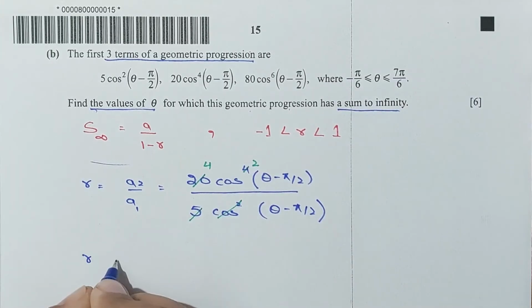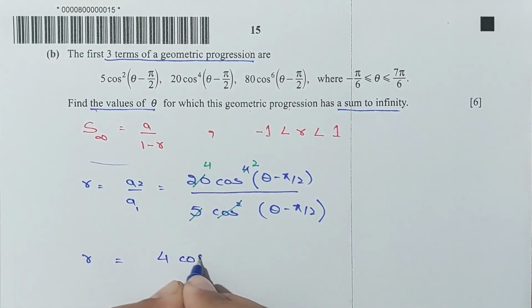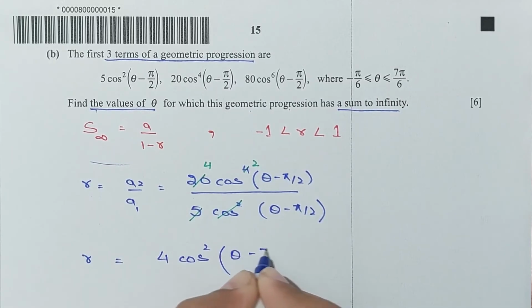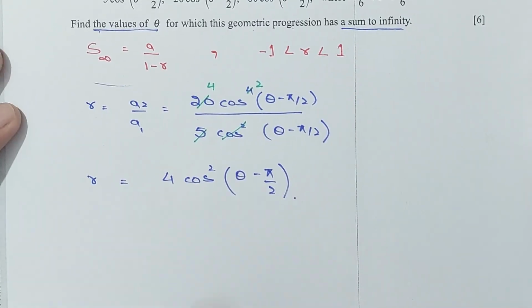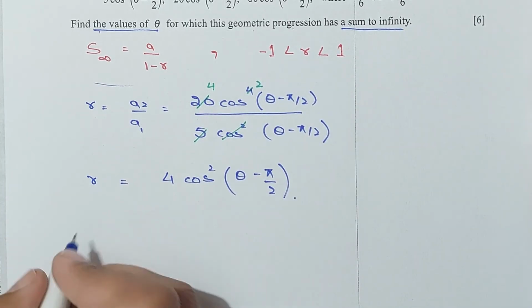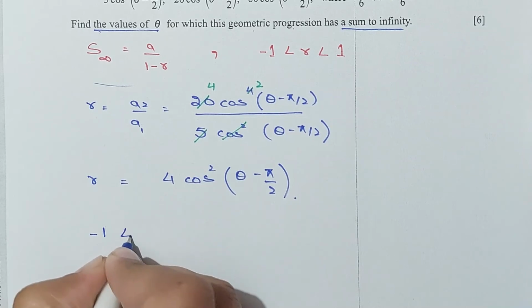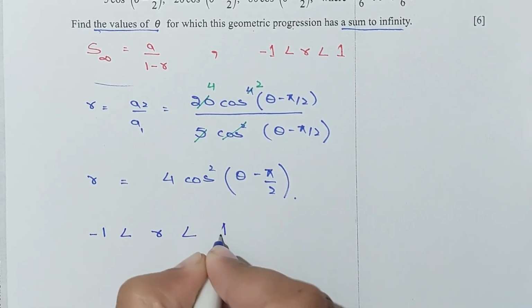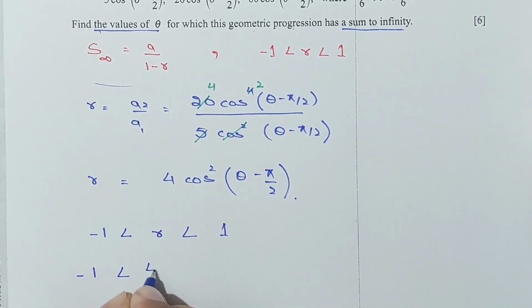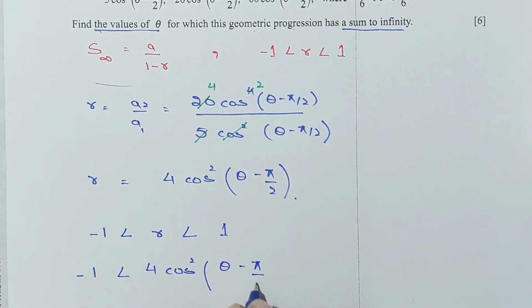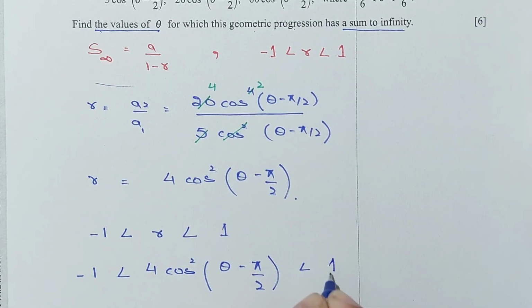So the common ratio is 4 cos squared of theta minus pi by 2. This is the common ratio. Just plug it in and solve for theta. Minus 1 is less than 4 cos squared of theta minus pi by 2, which is less than 1.